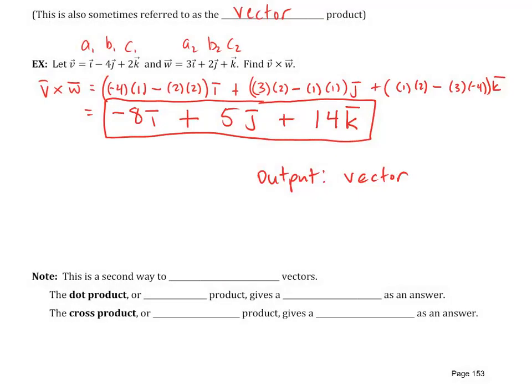So just to reiterate, this is a second way to multiply vectors. The dot product, or scalar product, gives a scalar as an answer. And the cross product, or vector product, as we've also called it, gives a vector as an answer.